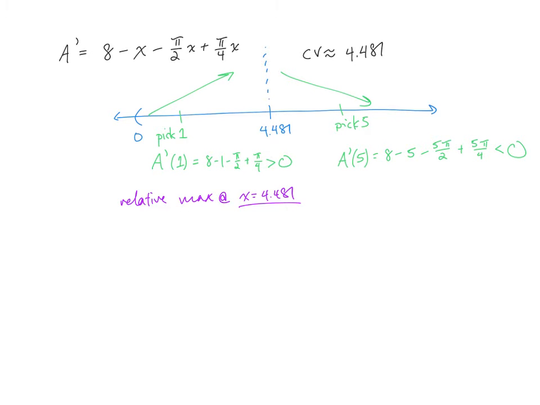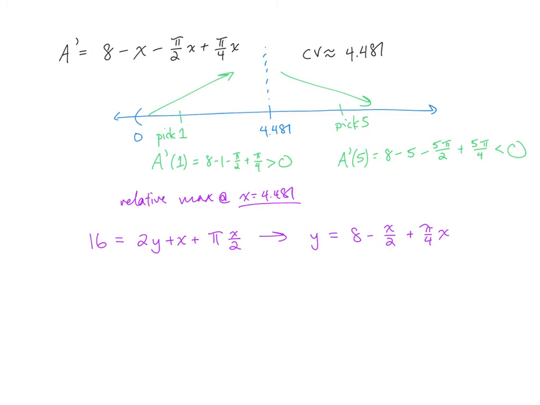Now we have to use the perimeter equation, which we know was 16 equals 2y plus x plus pi times x over 2. And remember, we solved this for y, and we got y equals 8 minus x over 2 plus pi over 4x.